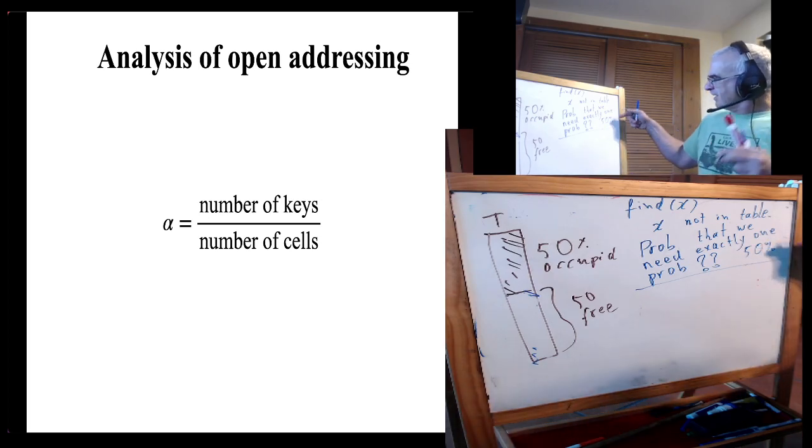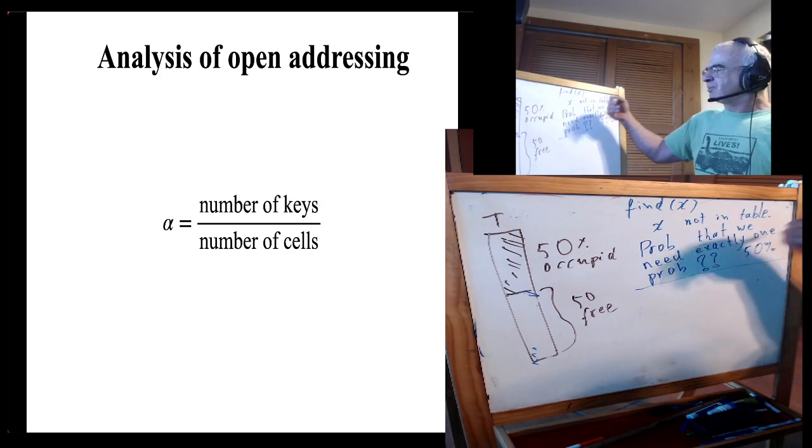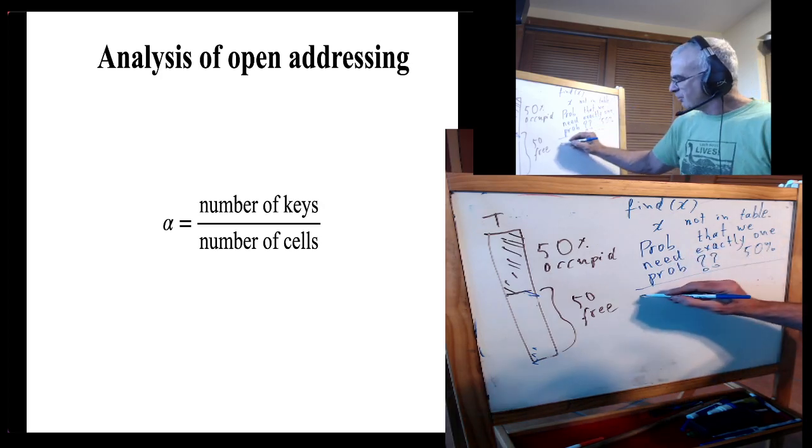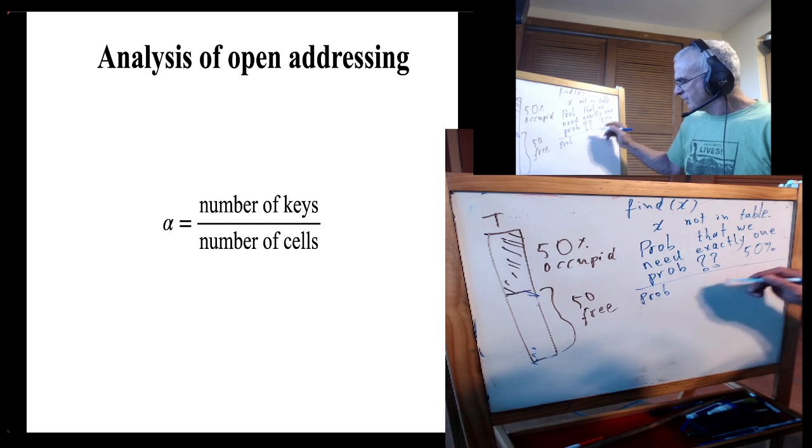Okay, that's that I need exactly one probe. Now, in other words, what's the probability that I need more than one probe?